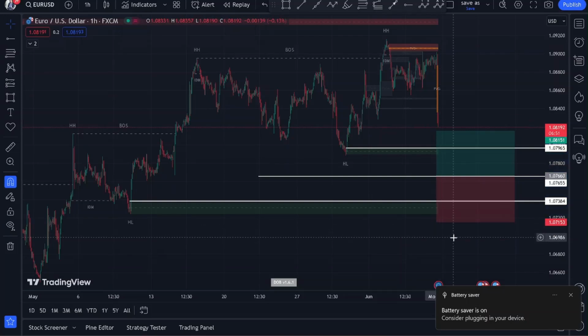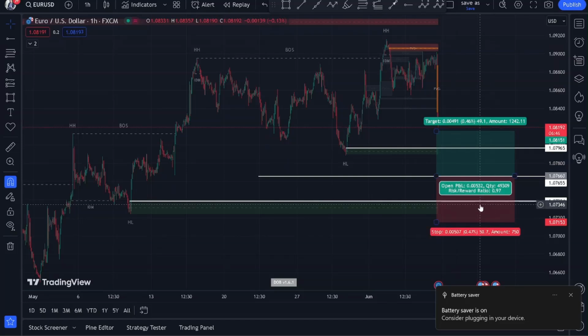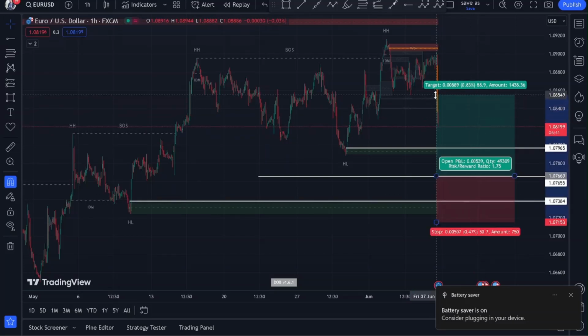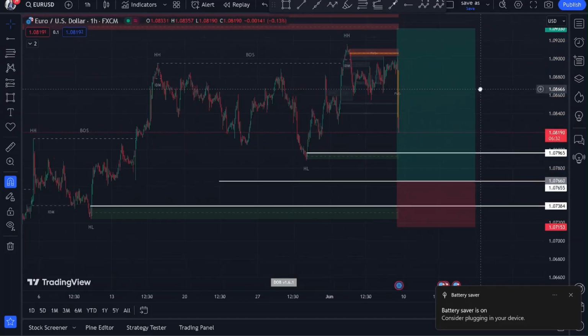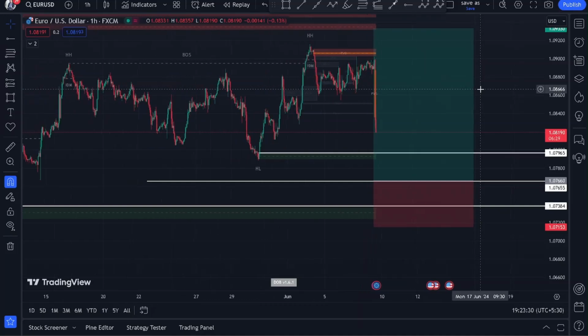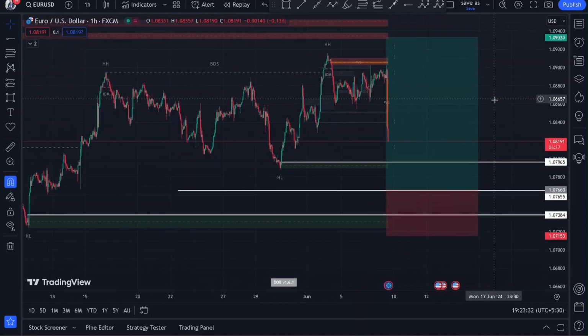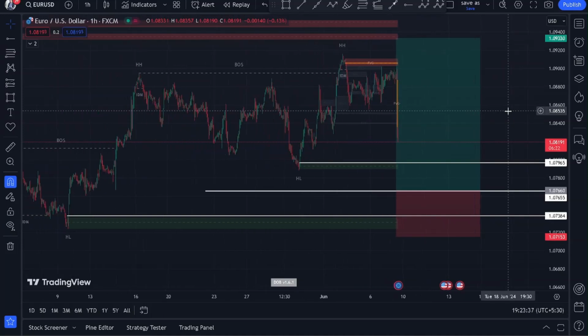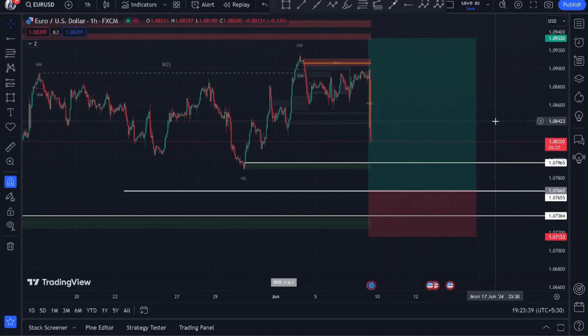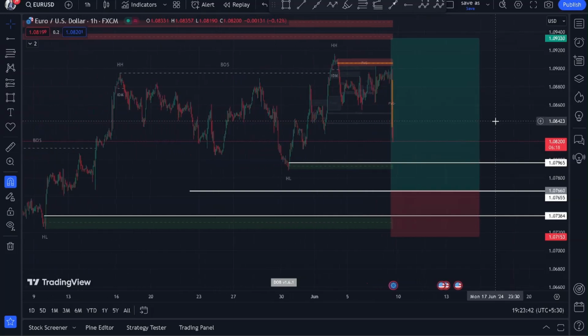So 1.07153 could be the stop loss, and the entry price could be 1.07660 with the target again back to the origin, or we can trail as it gets upside, because it is a little bit of a complex entry in the EurUsd. So it is better we trail it and we keep a strict stop loss.